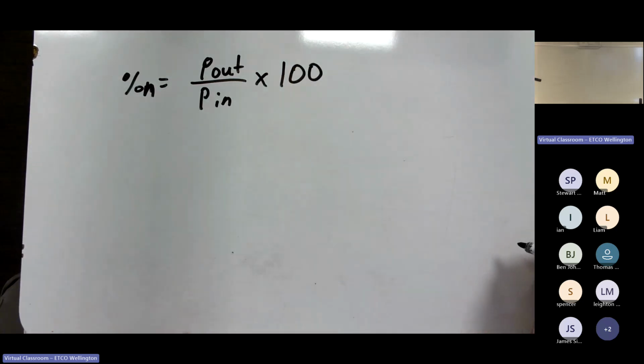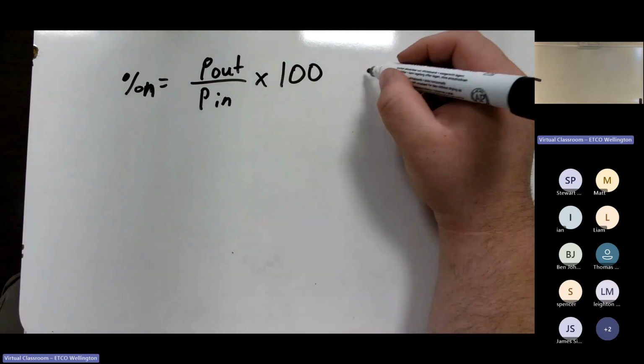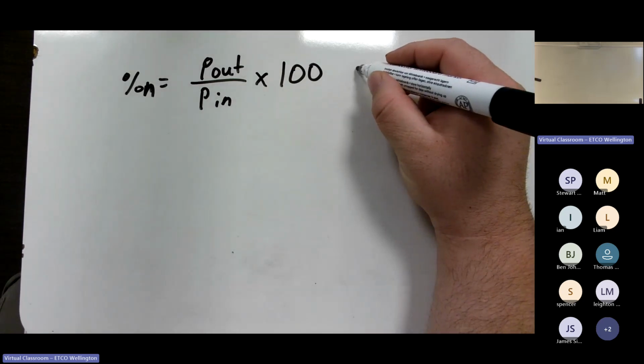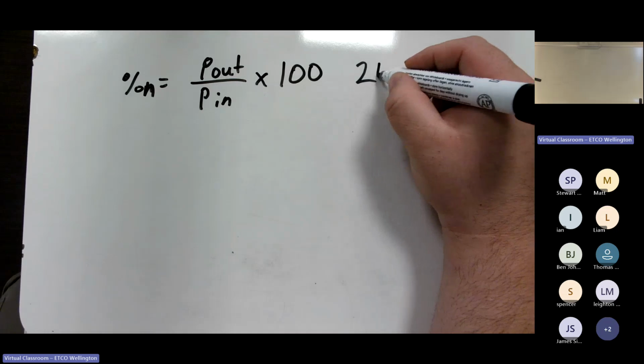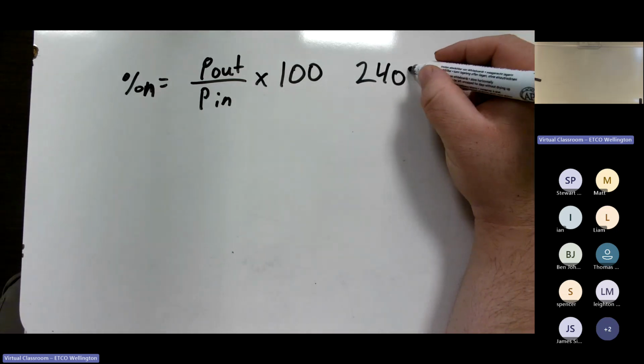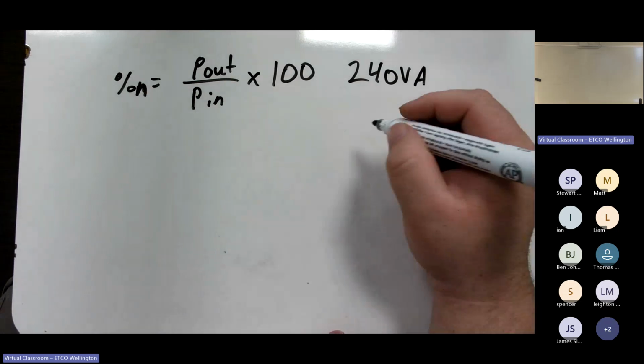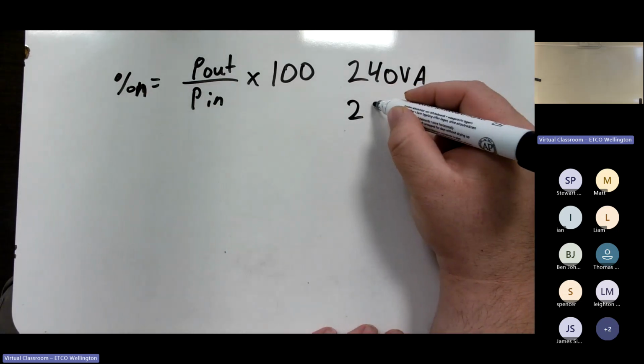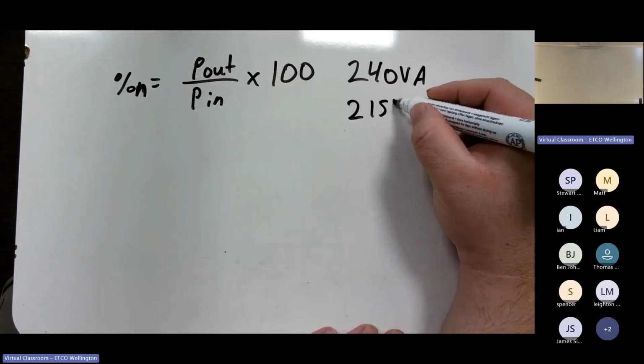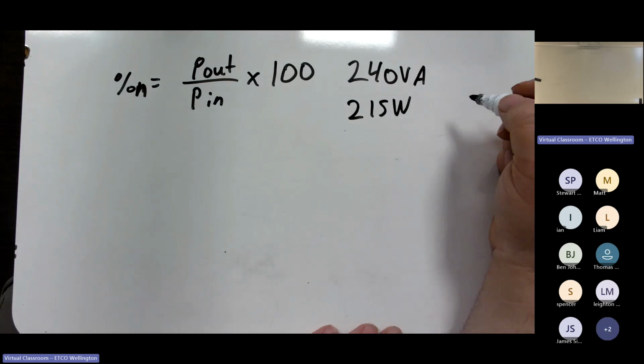So if we've got a 240 VA transformer, but we're only using 215 watts on the other side, what is our efficiency?